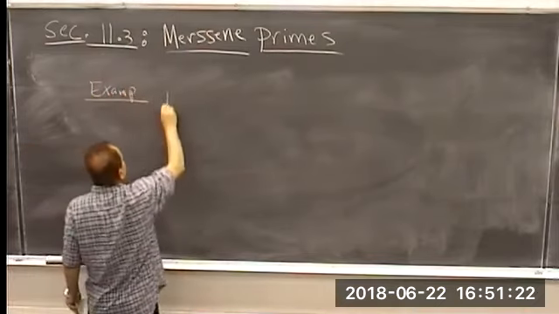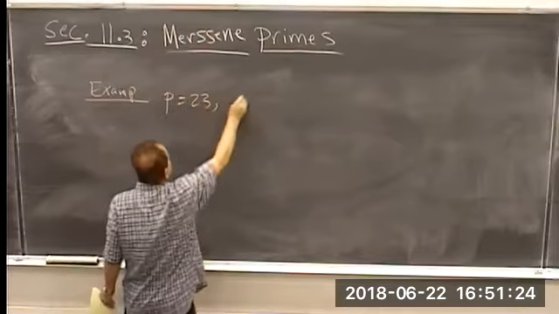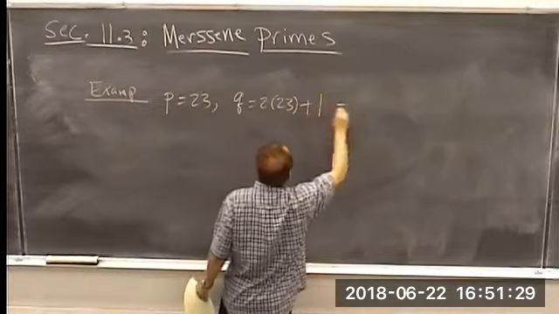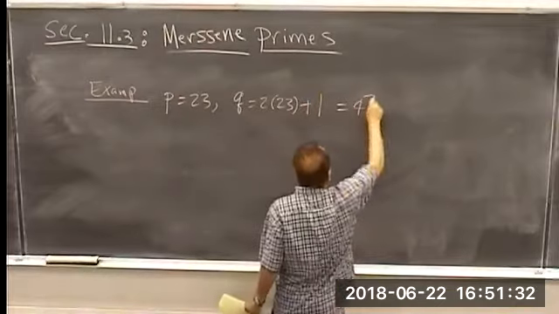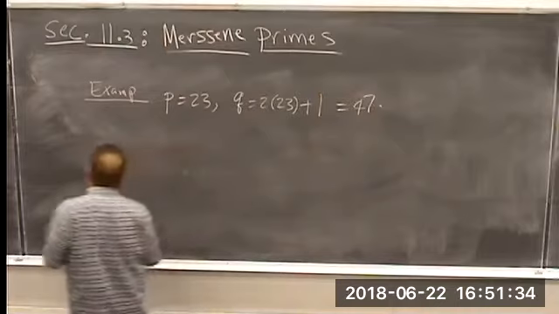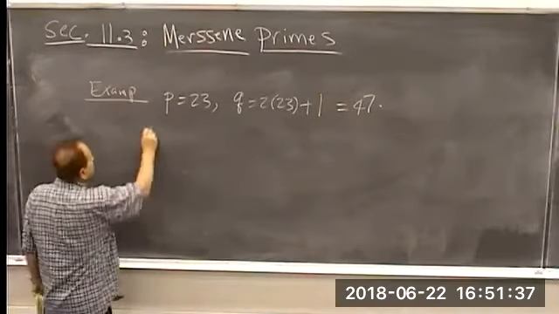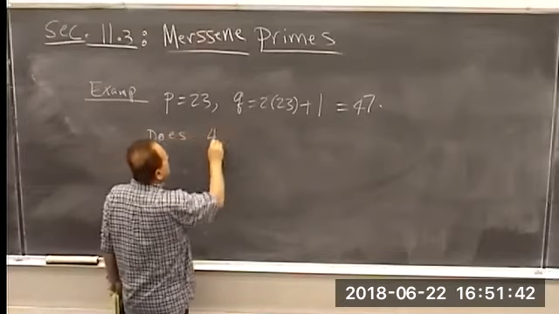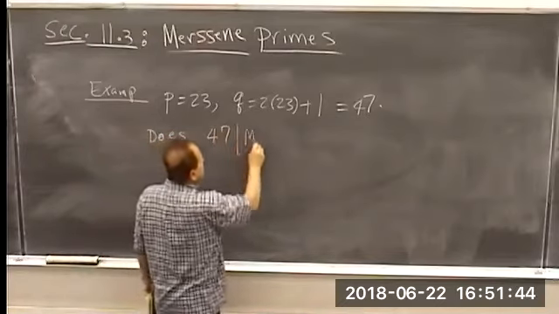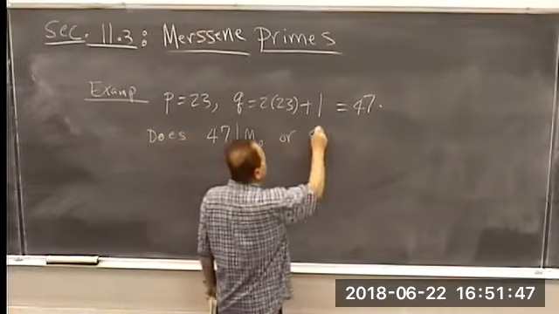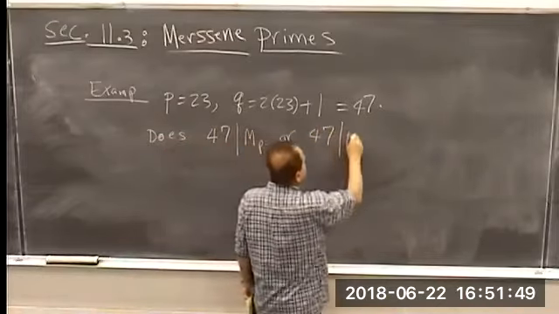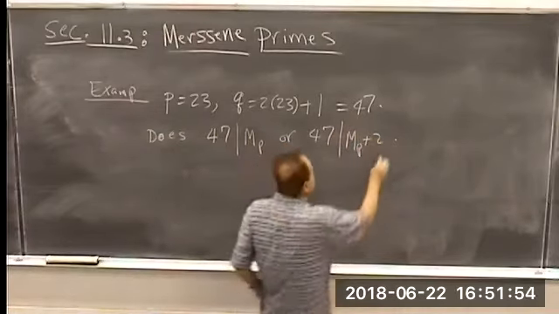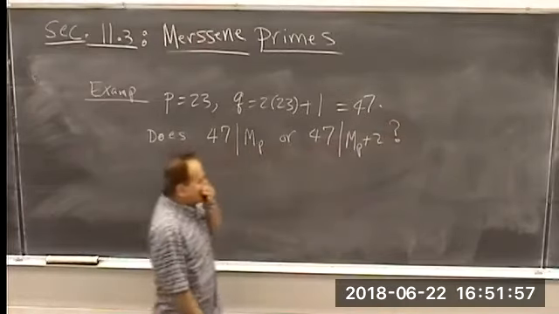Let's take P equal to 23, Q equal to 2 times 23 plus 1. This is 47. And the question is, you need to check, does 47 divide M sub P or does 47 divide M sub P plus 2? So one of these divisibilities is going to actually hold, all right?